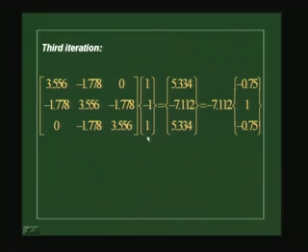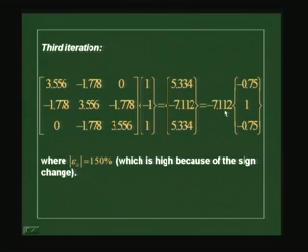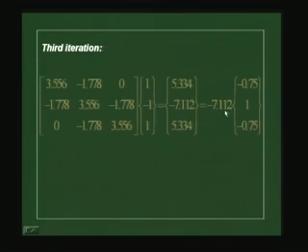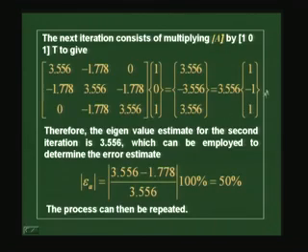Now we are in the third iteration of that process, and in the previous iteration we got minus 1, minus 1, 1 as the vector. We multiply that by this matrix again and I got minus 0.751, minus 0.75, minus 7.112. The error, that is the value obtained at this step minus the value obtained in the previous step divided by the value of this step, is the percentage error.